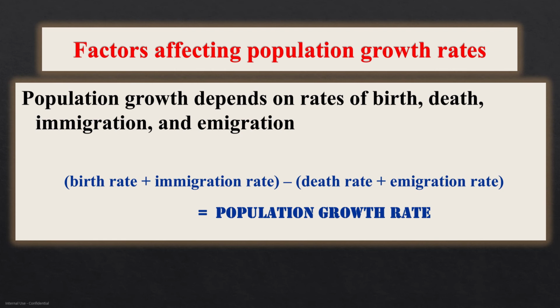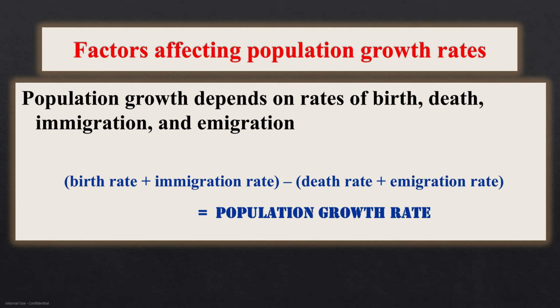So, factors affecting population growth rates: population growth rate depends on rates of birth, death, immigration, and emigration. So, birth rate and immigration add on to the population, and death rate and emigration rate will reduce the population growth rate.